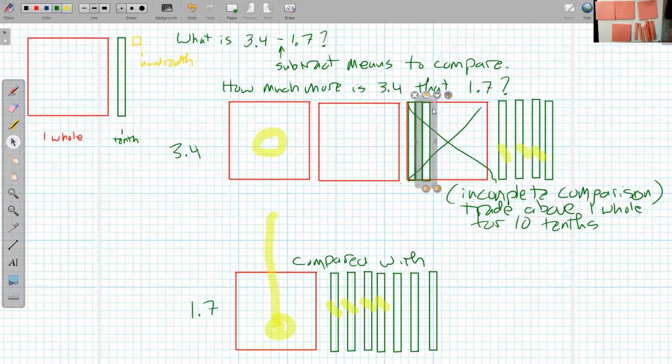And if you do draw these on paper, you want to make sure things are proportional, meaning that 10 tenths make a whole visually.